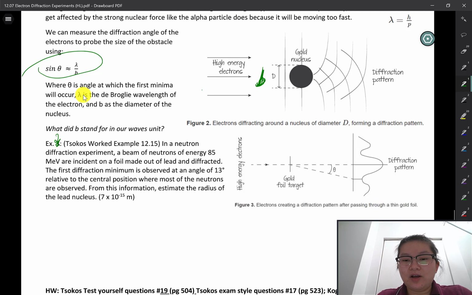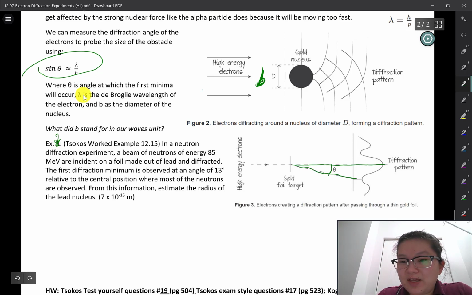Here we have b, which is the size of the nucleus, and roughly the wavelength, which is the de Broglie wavelength of an electron in our case, and the theta here is the separation from the central maxima to the next minima.